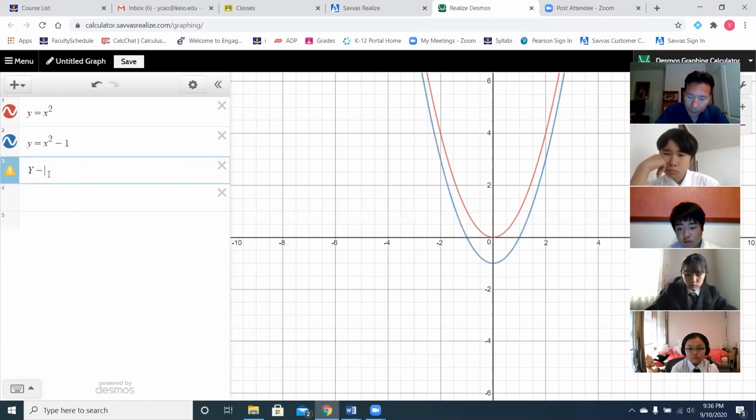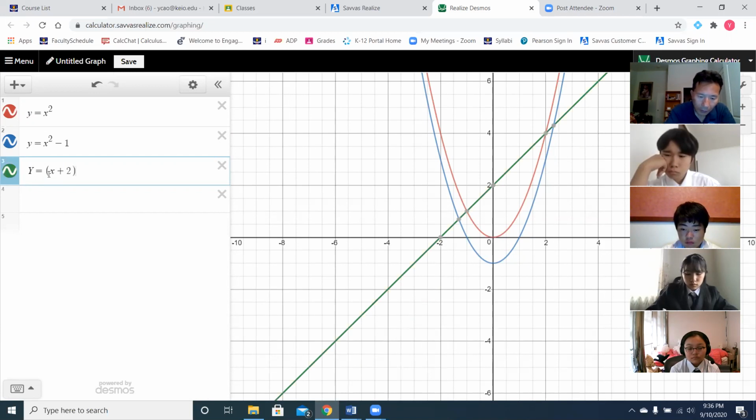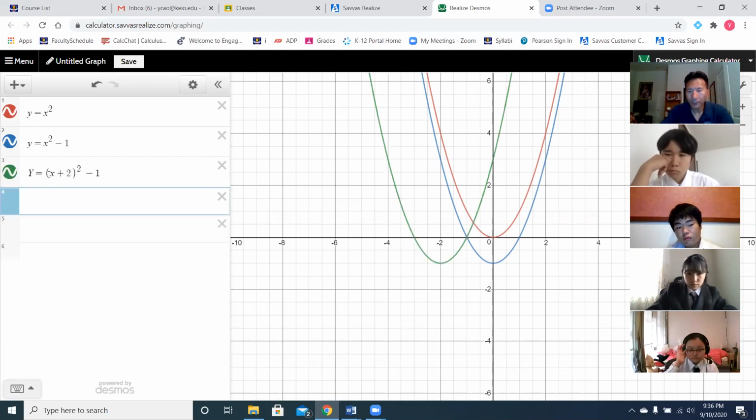How about this one? y equals (x plus 2) squared minus 1. We got a green one.